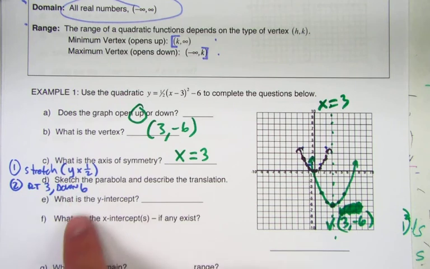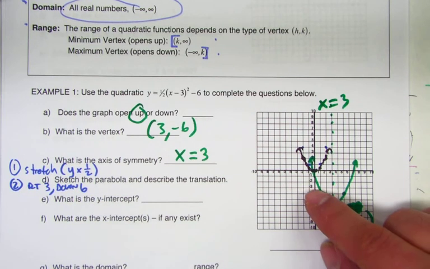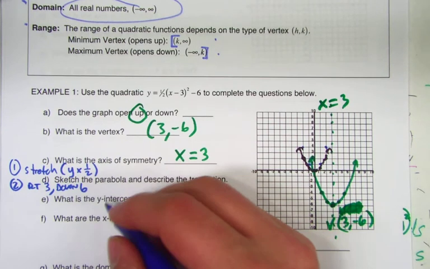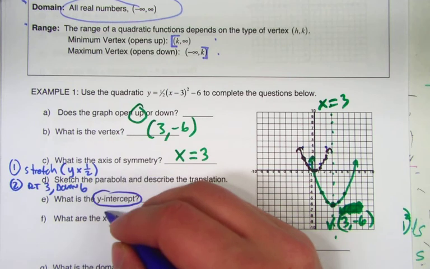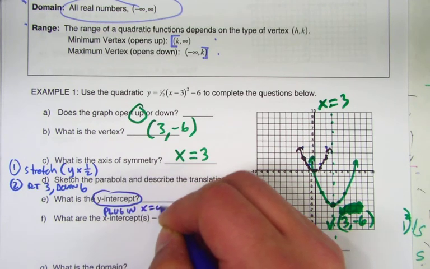So there's D. What is the y-intercept? Well, I can't really tell from the looks of my graph because it's not the greatest graph. But I remember that to find a y-intercept, you could always plug in x equals 0 to figure it out.